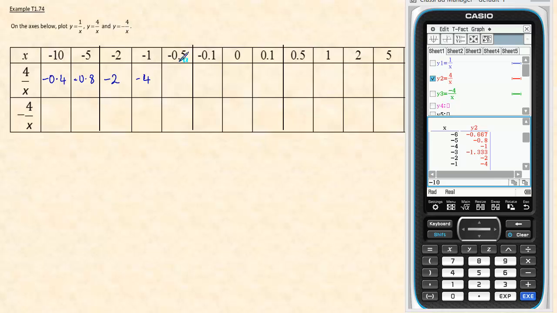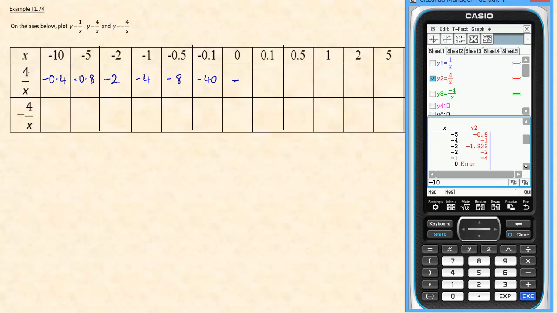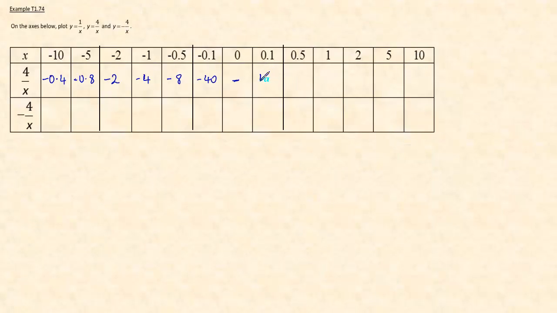Now 4 divided by negative 0.5 is negative 8, and this one here would be negative 40. And we can't get the 0, and you can see on the calculator it gives us an error just here, and then we'll just reproduce the same values on the other side here, except that they'll be positive.